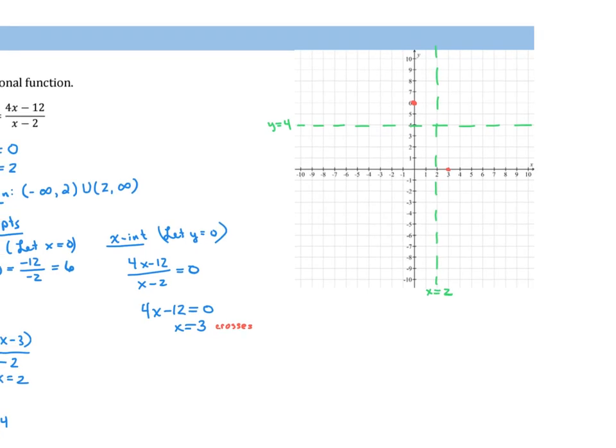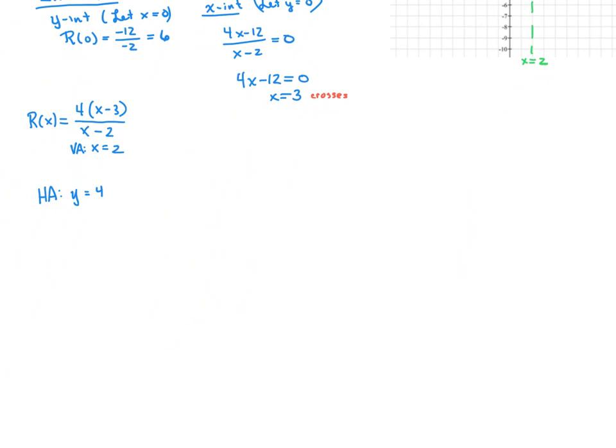And now let's go ahead and see if there are any points of intersection between our graph and the horizontal asymptote. So we're going to set r of x equal to the corresponding value from our horizontal asymptote, so 4. r of x was 4x minus 12 over x minus 2.